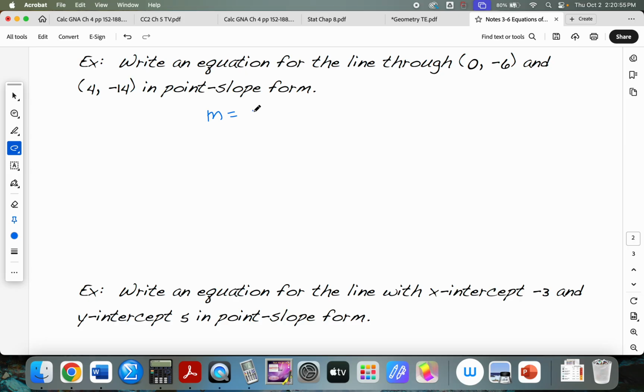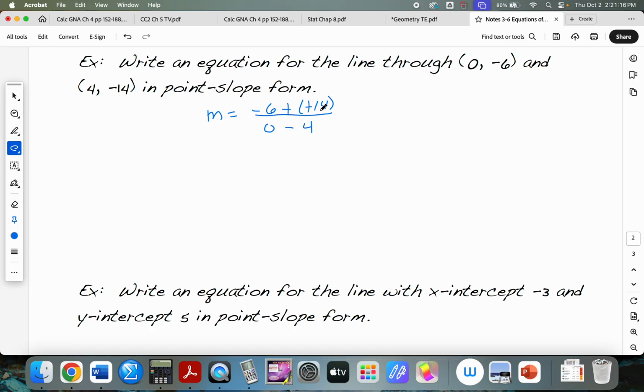is equal to, I'll do -6 minus -14 over, since I used the -6 first on the top, I have to use the 0 first on the bottom. That's 0 minus 4.